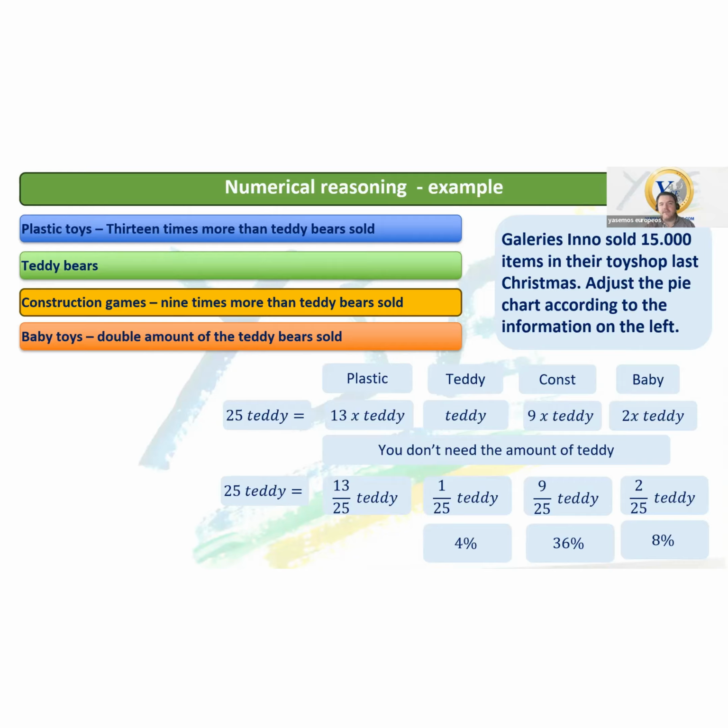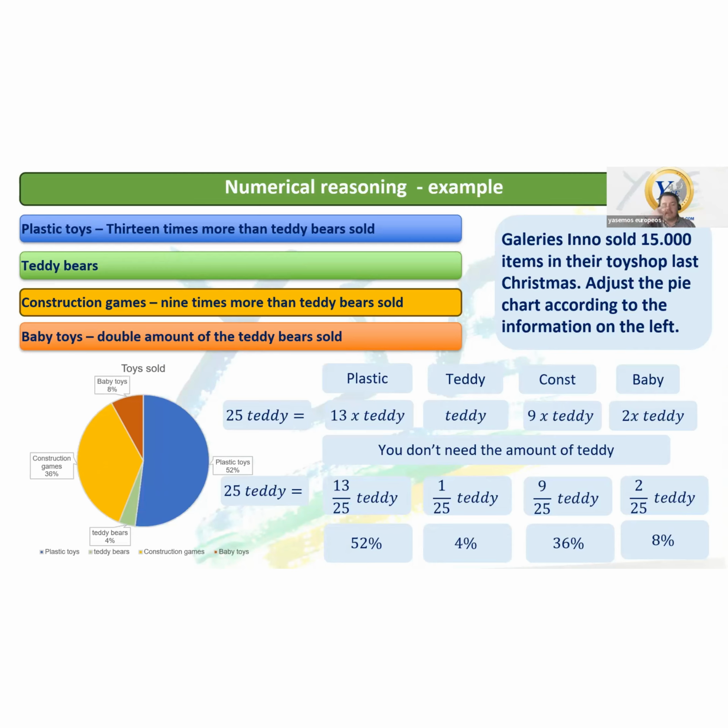Wait, I didn't calculate for plastic toys. But it's 100 minus 4 minus 36 minus 8, which in total is 52, the remaining percentage. So I used the calculator once, twice, but honestly, you didn't need more. Then you just move the bars in the pie chart to adjust to these quantities.